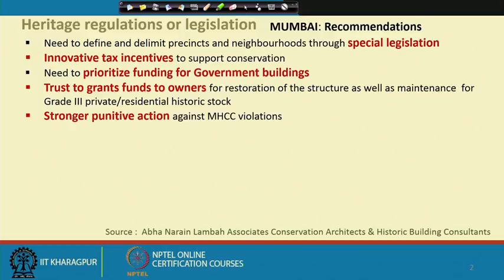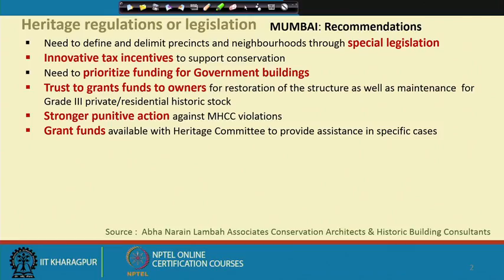Stronger punitive action against MHCC violation. If some people think they can get away with violations, then violations will become rampant, so exemplary punishment and punitive action need to be given to show that people cannot get away if they violate the norms, acts or regulations in the heritage preservation areas.